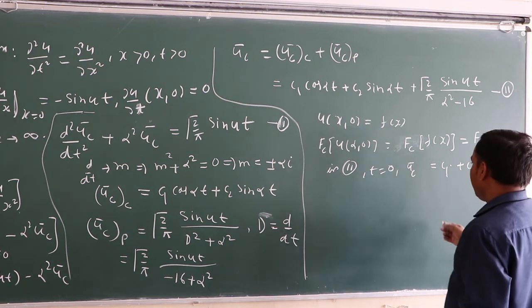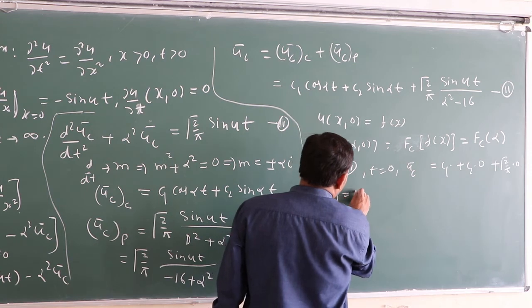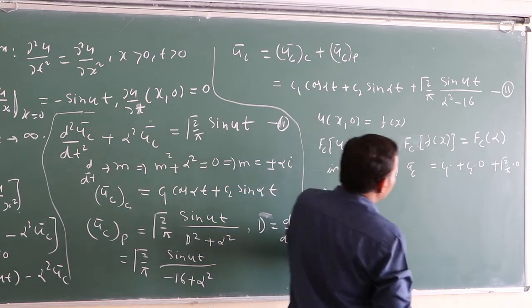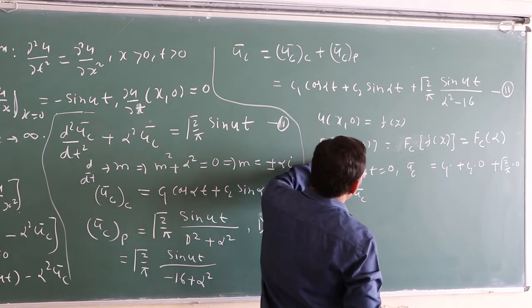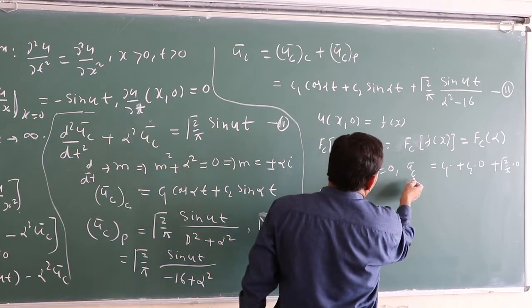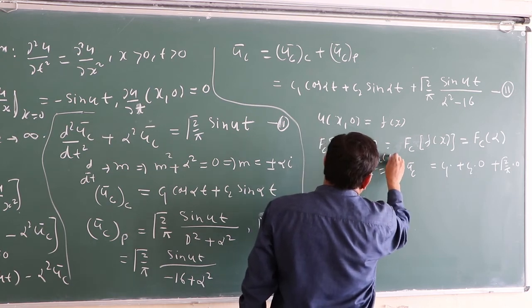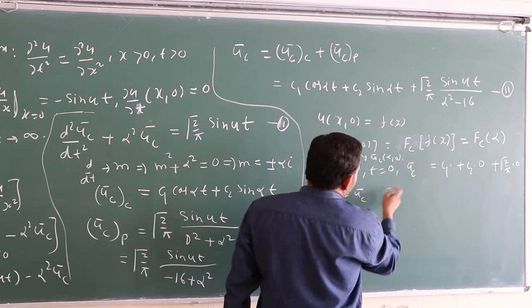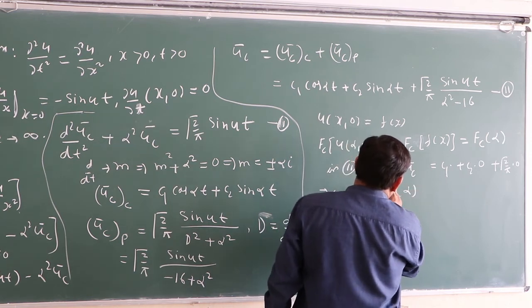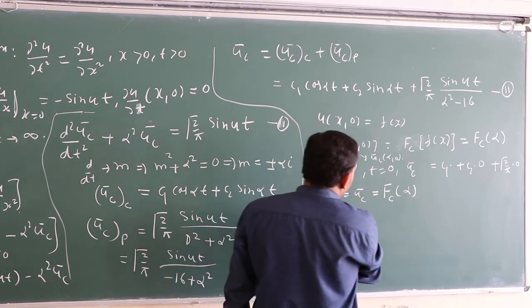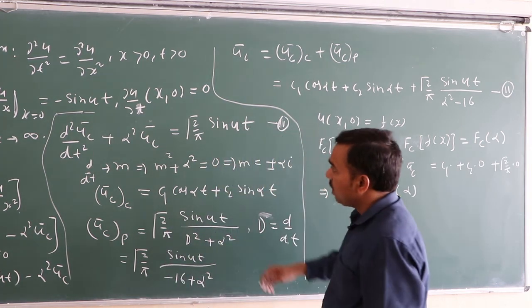So c1 equal to u_c bar of alpha, 0, which is f_c of alpha. So the value of c1 is f_c alpha.